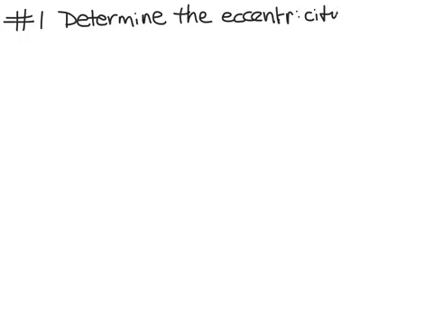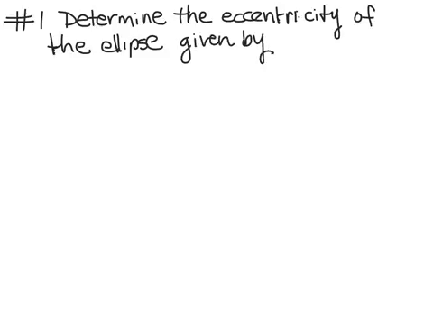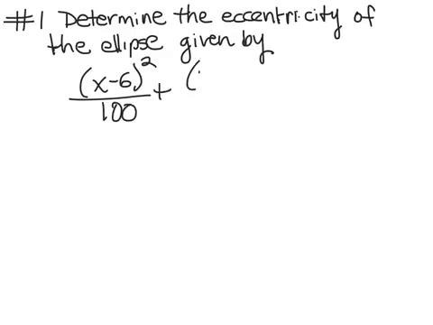says, determine the eccentricity of the ellipse given by (x minus 6) squared divided by 100 plus (y plus 1) squared divided by 9 equals 1.